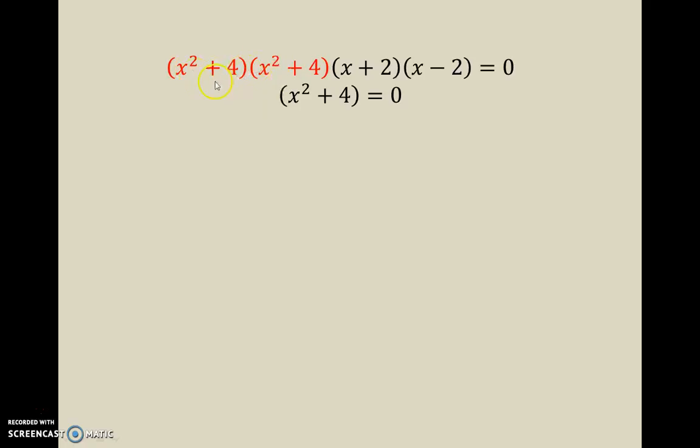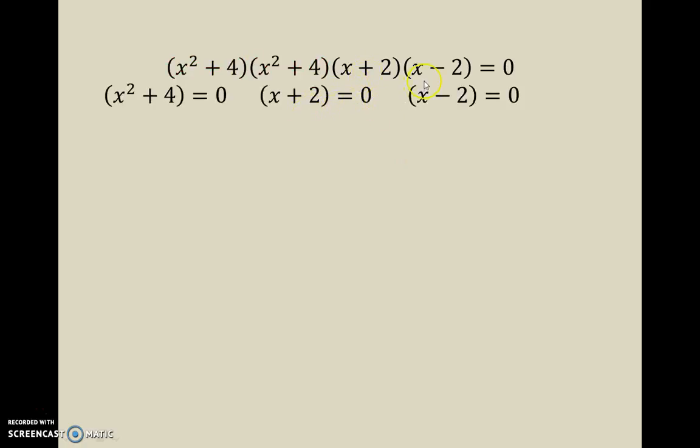They are both still part of the polynomial. However, because it's the same factor, I only need to solve it once. So that's the first equation I can write based on these two same factors. Next, I'm going to write x plus 2 equals 0, and then x minus 2 equals 0. So I have three separate equations based on the factors of this polynomial.